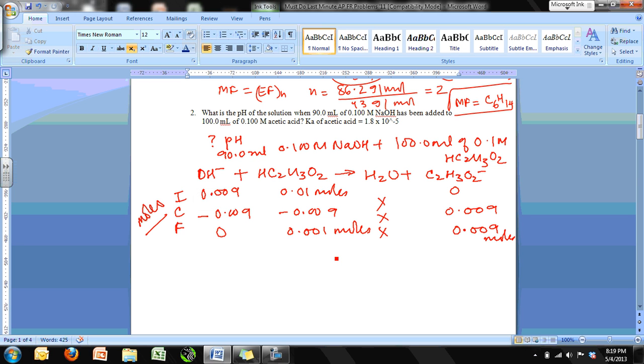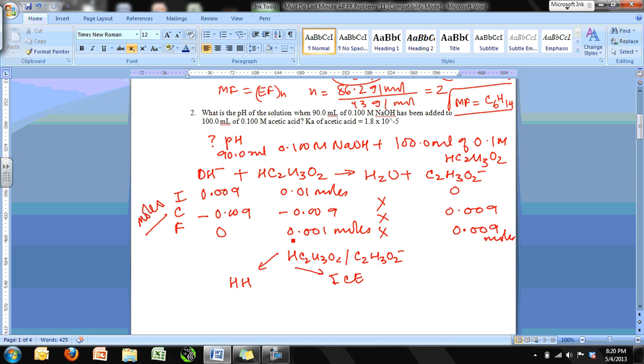Now, if in a solution you have acetic acid and acetate both, that makes an acidic buffer. And when you have a buffer, you can figure out its pH by either using the Henderson-Hasselbalch equation or using an ICE chart.